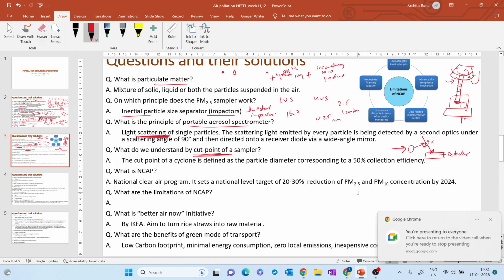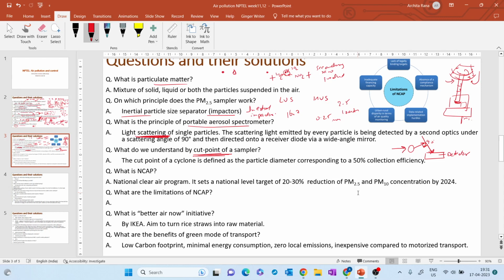If an instrument is measuring only particles with size less than 2.5 micrometer, it does not mean that other size particles do not enter the system. They do, they are there. But whenever they say that it has a cut point of 2.5 or a cut point of 10, it means that it collects particles of less than 2.5 size with 50% efficiency.